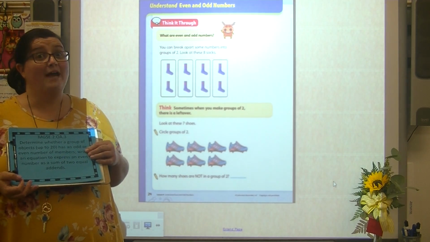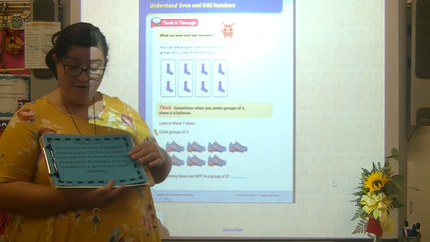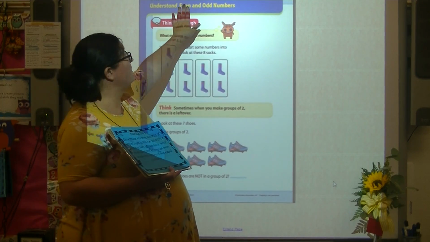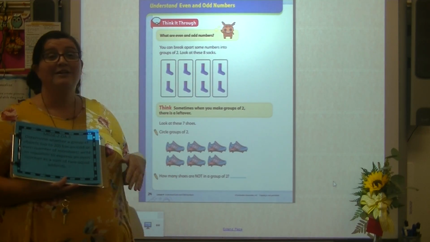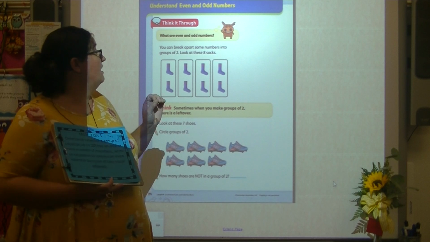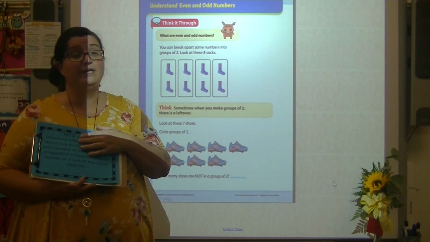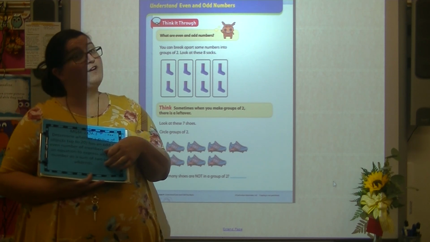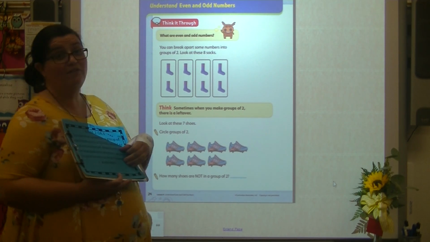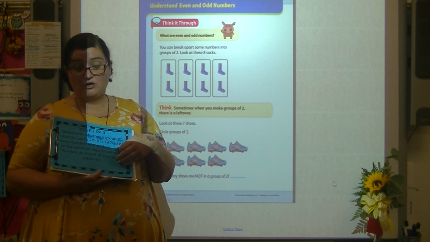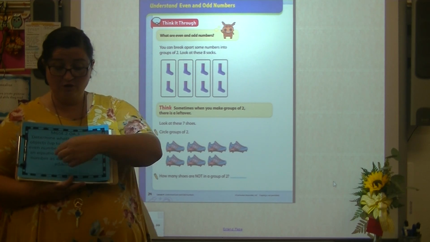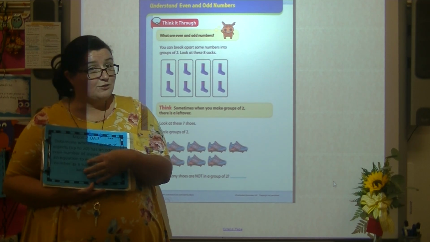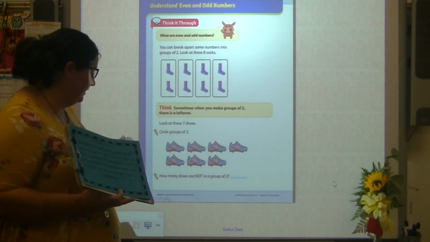So that is a mouthful. First thing we need to do is understand even and odd numbers. You need to be able to identify the numbers even or odd up to 20. Then, once you figure that out, if it is an even number, you are going to learn how to show that even number using an addition problem. I'm going to teach you how to do both of those things this week.